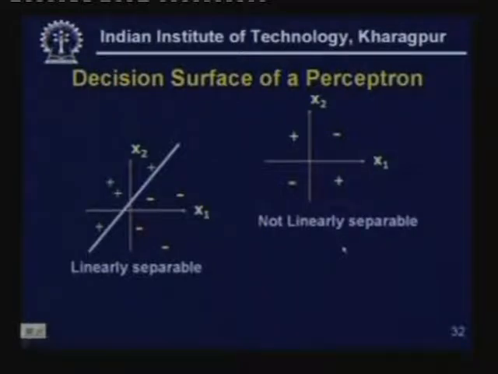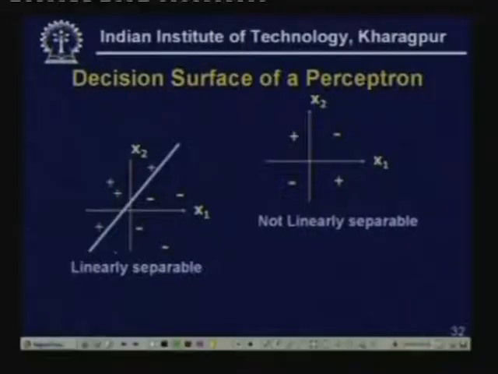Now, the perceptron learns a function of the form w1 x1 plus w2 x2 plus up to wn xn. So, this is a linear function which defines a hyperplane. So, a perceptron can only successfully separate the classes between which there is a linear separator.